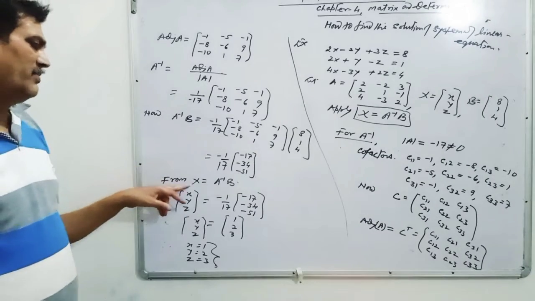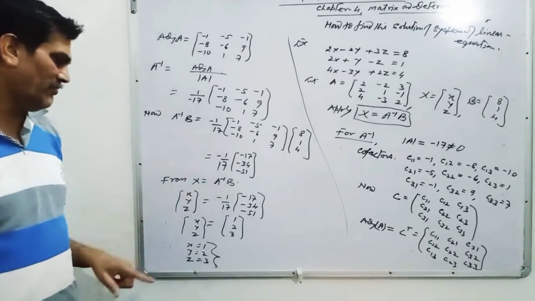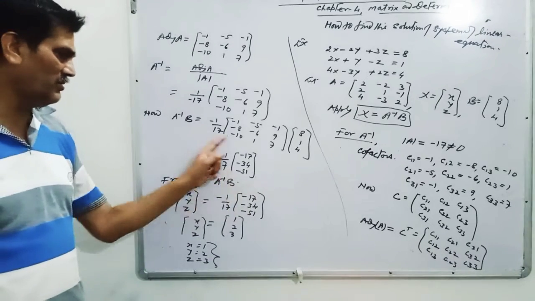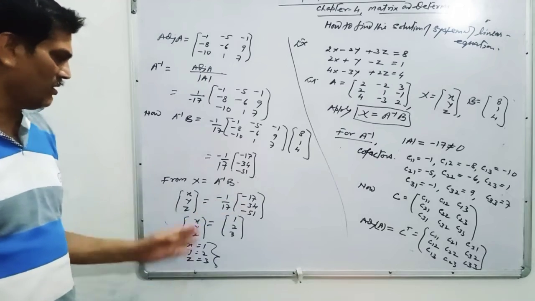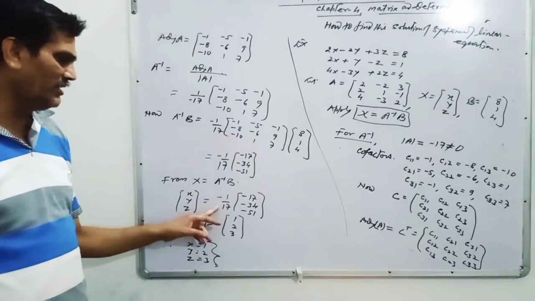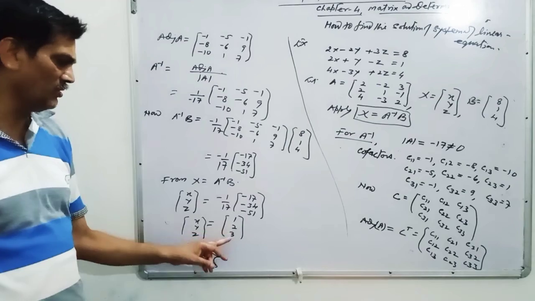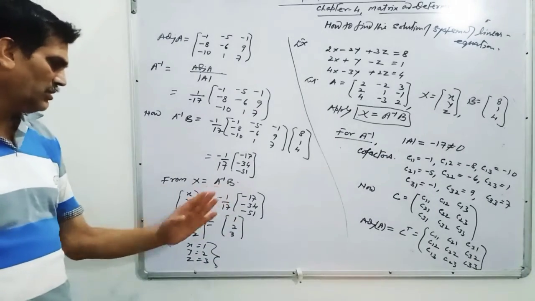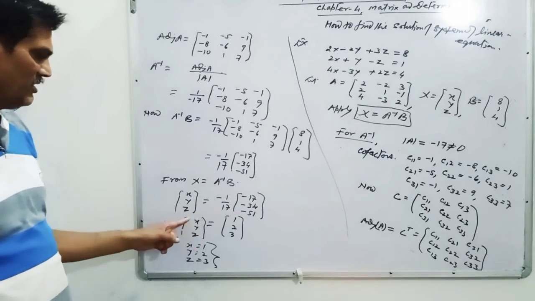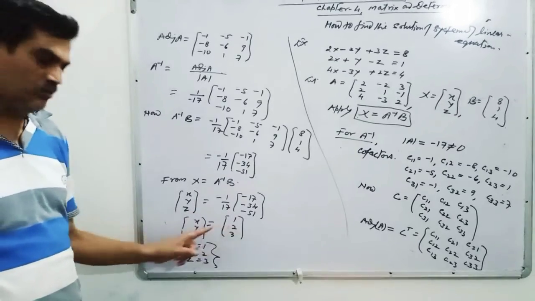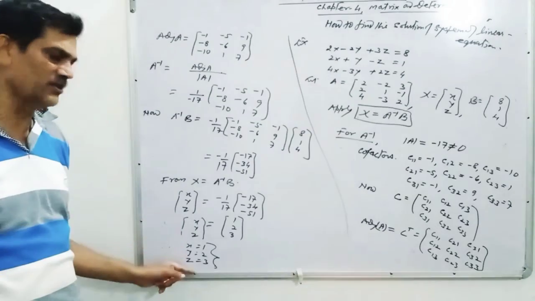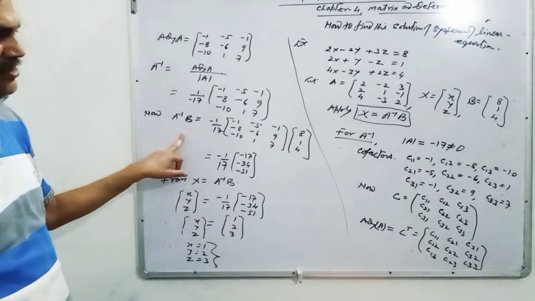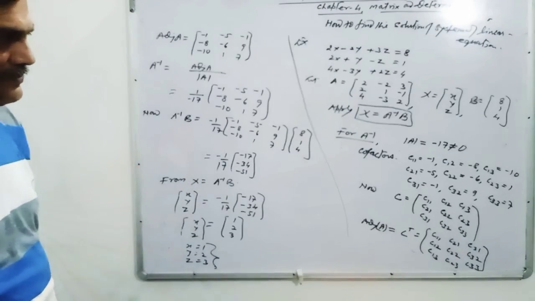Now apply this formula: X = A inverse B, so X, Y, Z in a column equals A inverse B. The value is written here. Now multiplying by 1/17 with the minus sign, you will get 1, 2, 3. So X, Y, Z is equal to 1, 2, 3. Now equating corresponding elements, x = 1, y = 2, and z = 3. This is the solution, a unique solution. Why? Because A is a non-singular matrix.